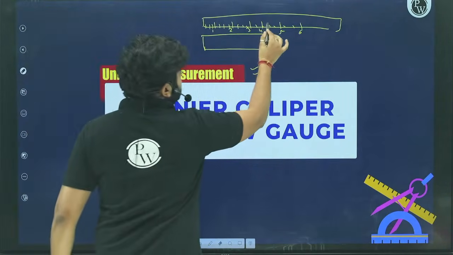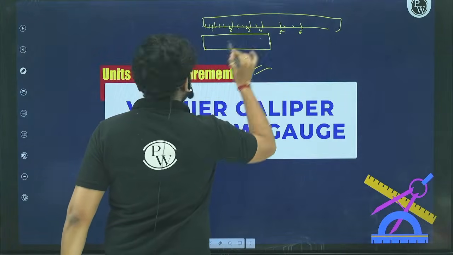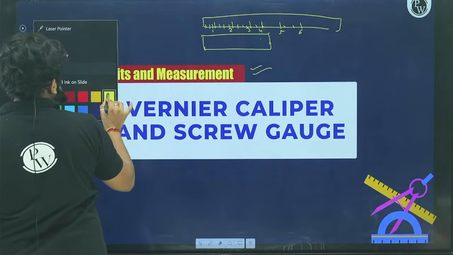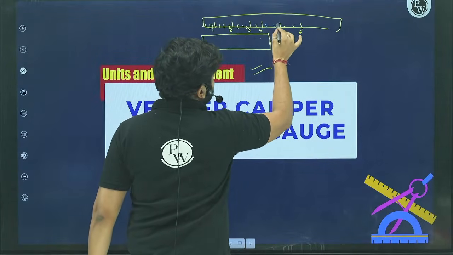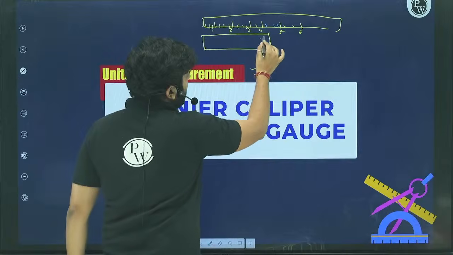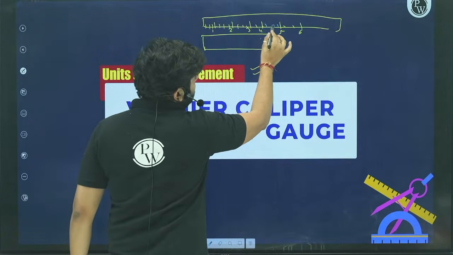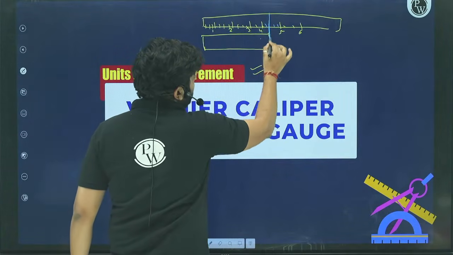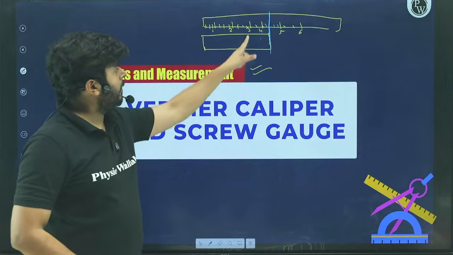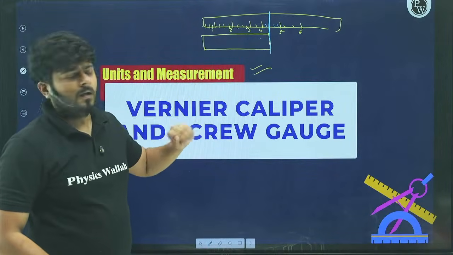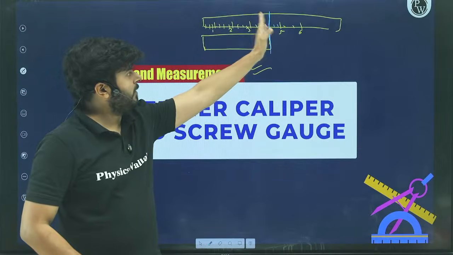Let's say this is the first mark, this is the second mark, this is the third mark, and the object is ending between the first and second mark like this. So what should I say? The object is 4.1 units long or 4.2 units long. The object is ending between 4.1 and 4.2.